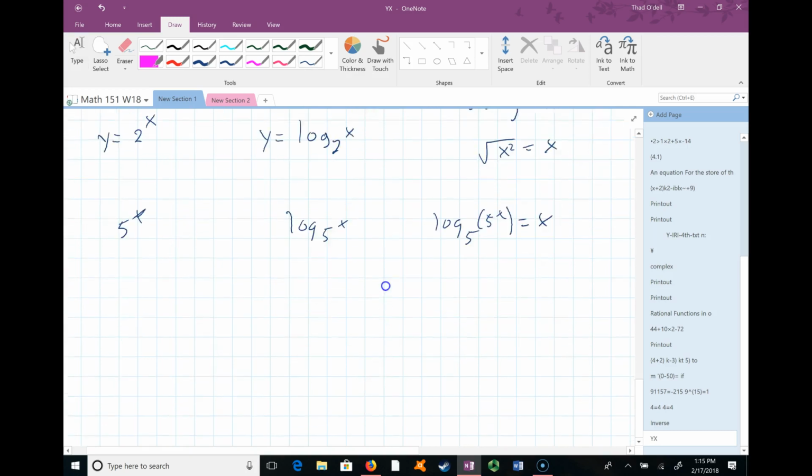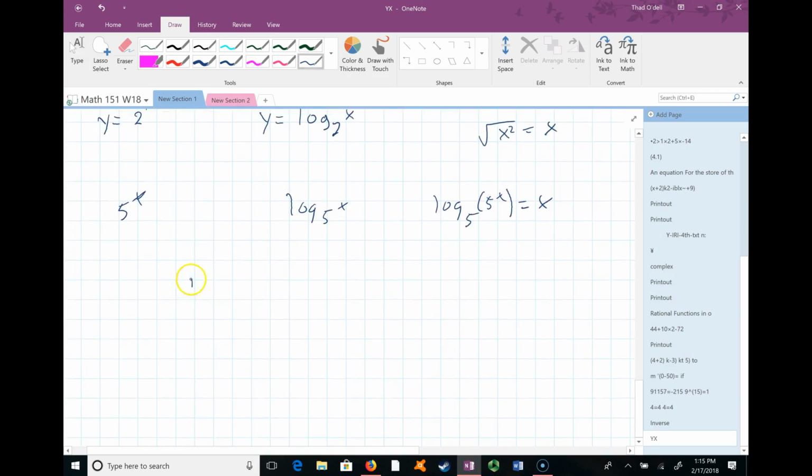Okay, so if you're dealing with logarithms, those are the things that I think people are most unfamiliar with, you can actually write a logarithm in its exponential form. This is talking about the base, so that's the base.